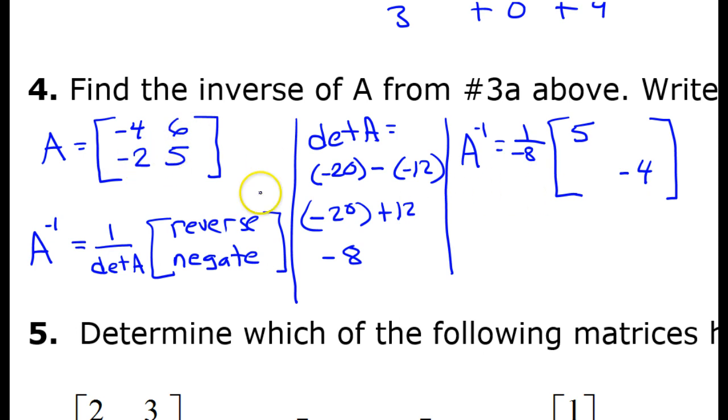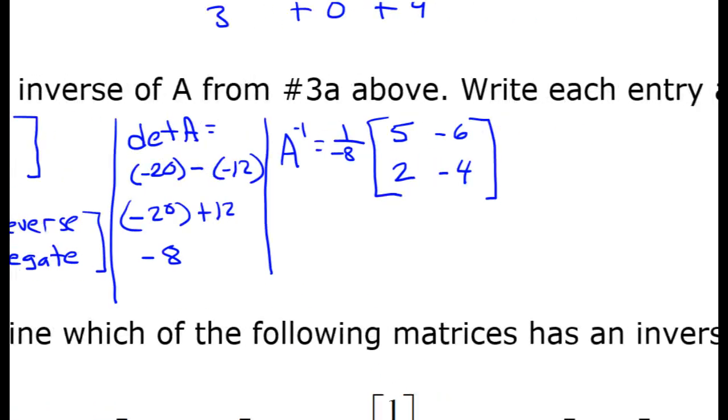Don't move anything, but this -2 will become +2, and the +6 will become a -6. That's what I mean by negate. Reverse the down diagonal, switch them; negate the up diagonal, change signs. Basically this is going to be A inverse.